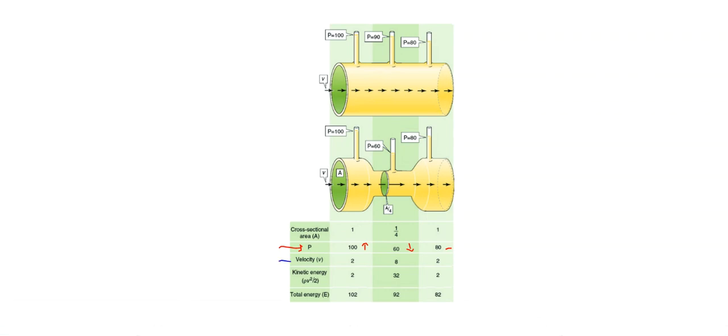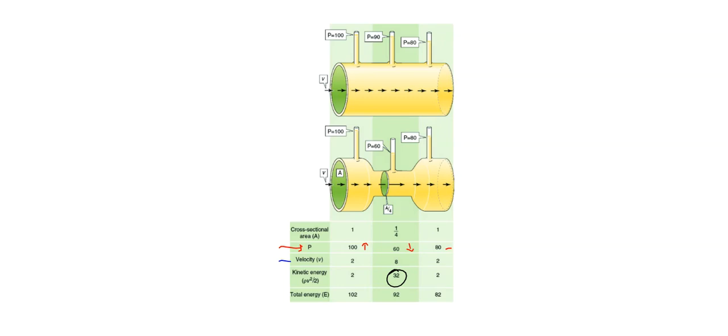Your velocity is changing, which means your kinetic energy is changing. That's the big key player here. It's the conversion of your pressure, or your potential energy, into kinetic energy.